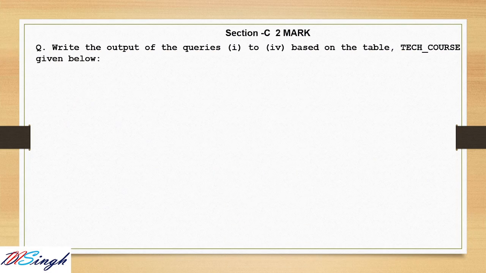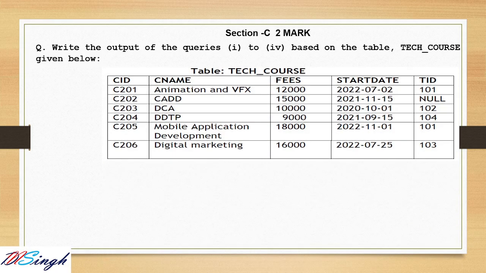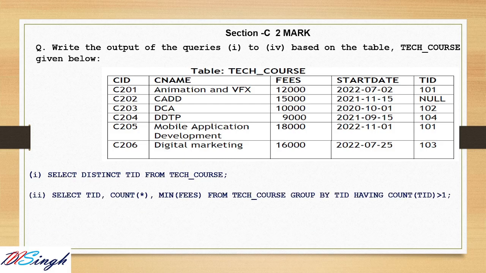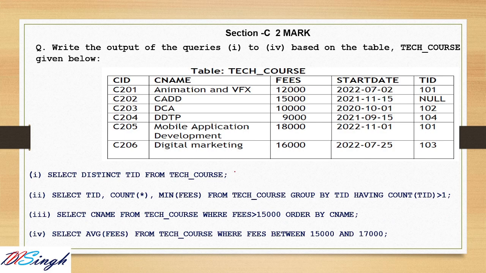And the next 3 mark question will come from databases. It will be split in two halves in this sample question paper, where they have asked 4 queries' output, half marks for each, based on this table. Each output carries half marks, and 1 mark is associated with one sub part of that question, because in section C each question must be of 3 marks.